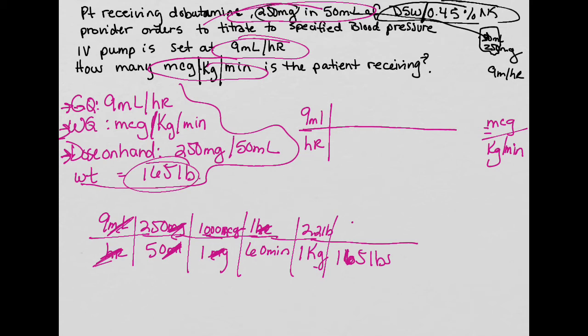So I have kilograms. Yep, I can cross out this pound. Sorry, I'm losing my mind here. Kilograms per minute, micrograms per kilogram per minute. Okay, see how this took a lot longer. But now you have it set up because now we have all our conversions crossed out. So you're going to multiply 9, and actually you can take out the zeros here, times 25, times, you can actually cross out the 0 here.